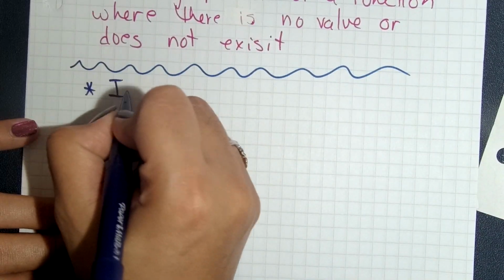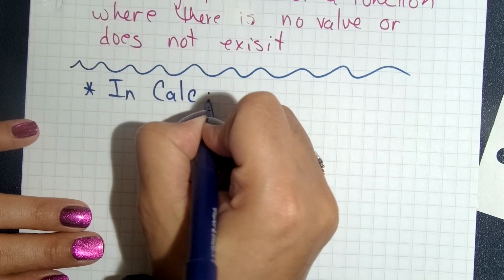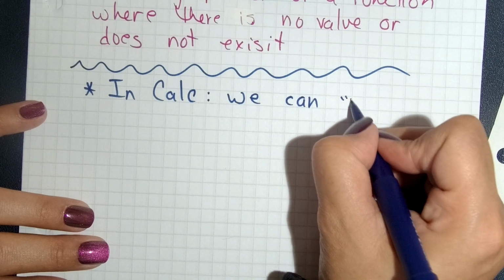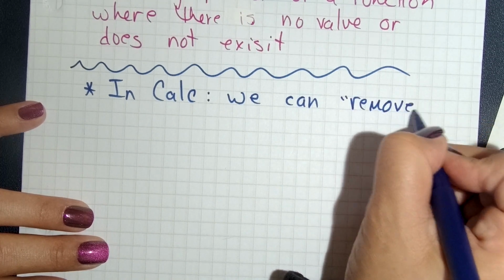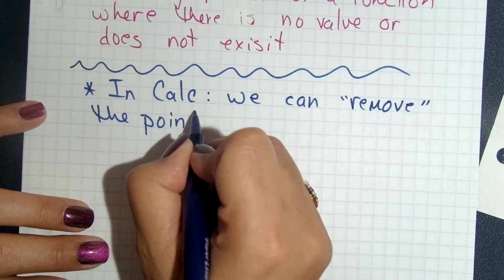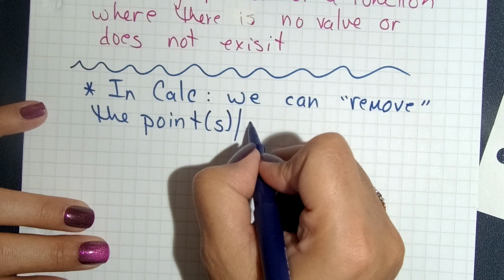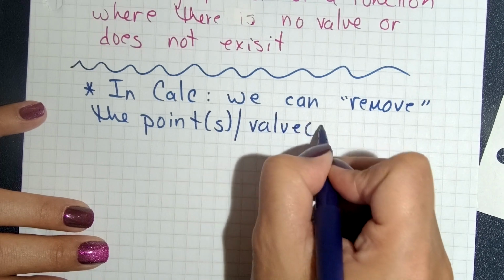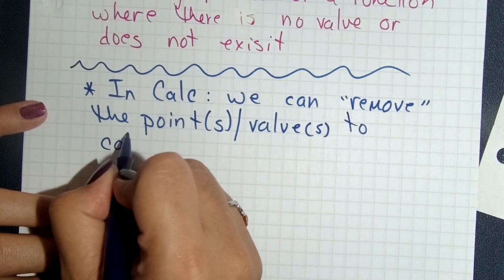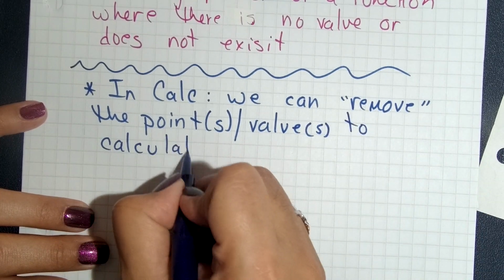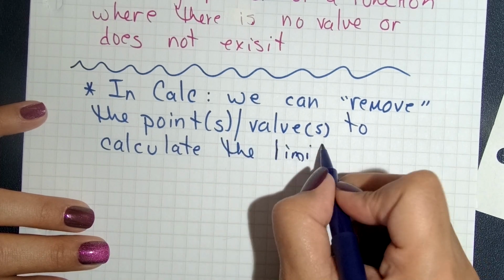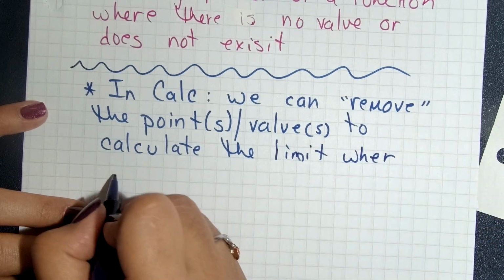So, in calculus, we can remove the point or value to calculate the limit where the denominator is 0.